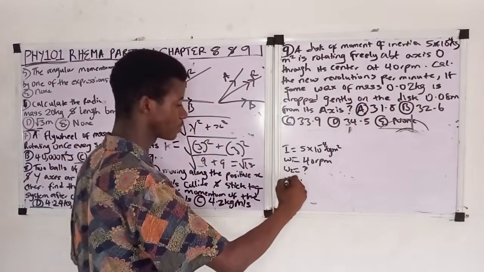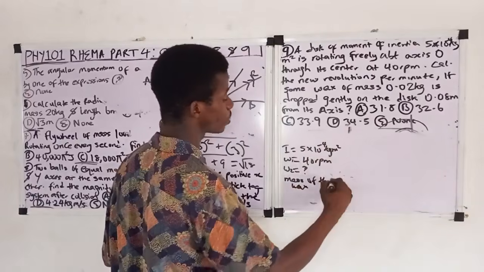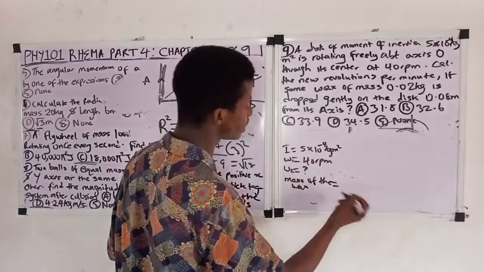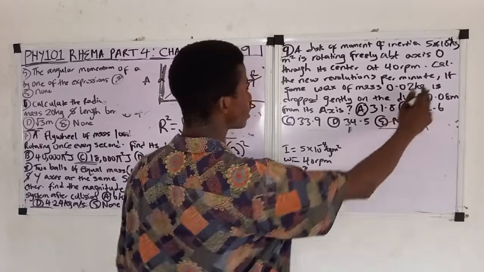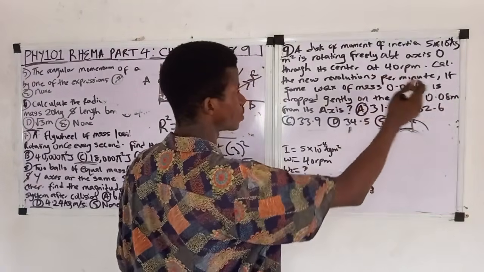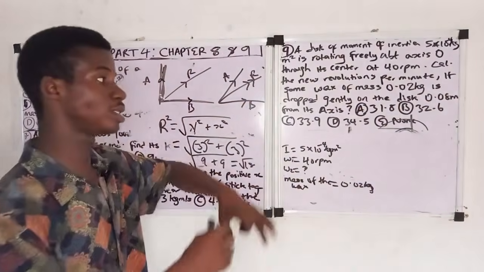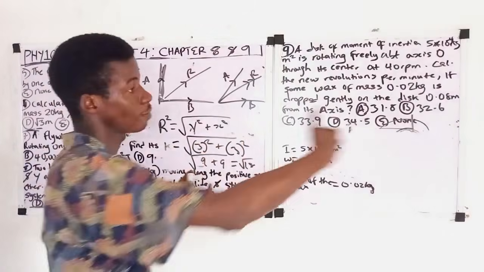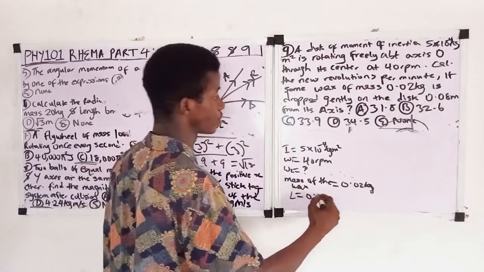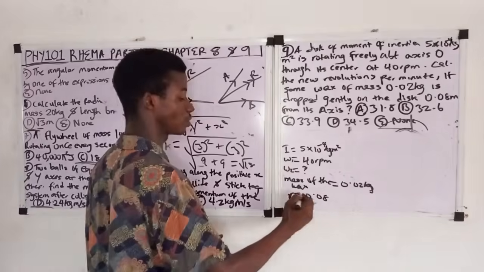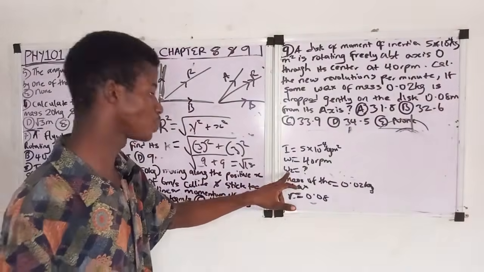So the mass of the wax that was dropped on the disc is 0.02 kg, and the distance at which the wax lies from the axis is 0.08. So L is 0.08, or we can say r is equal to 0.08. They are telling us to look for W2.